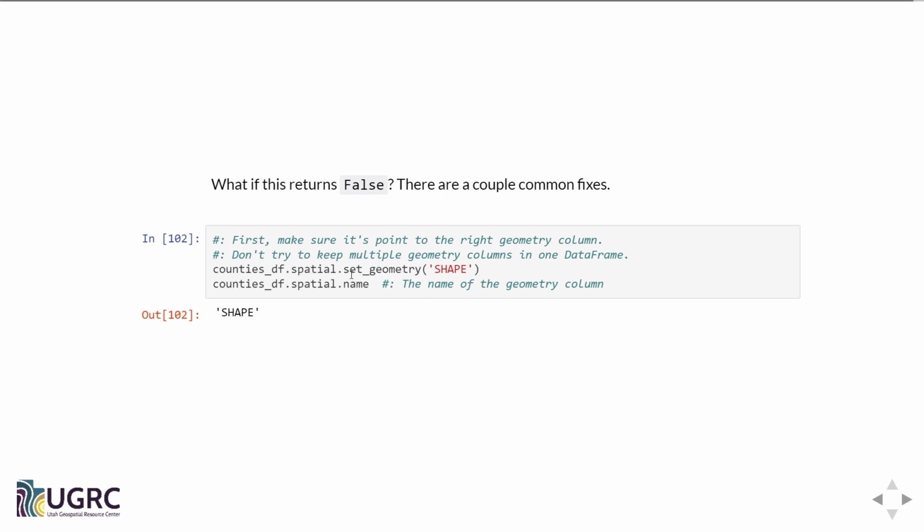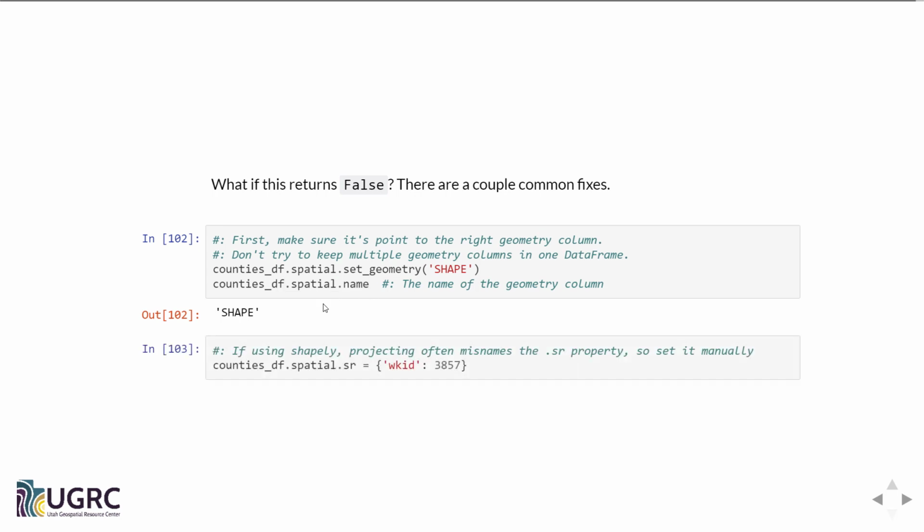Now, you might look at this and think, oh, I can store multiple geometry columns in a data frame, this would be awesome. Don't. I've tried that. It just gets confusing. Stuff breaks. Stick with a single geometry column per data frame. And then also, sometimes, especially with Shapely, it alters the projection just a little bit.